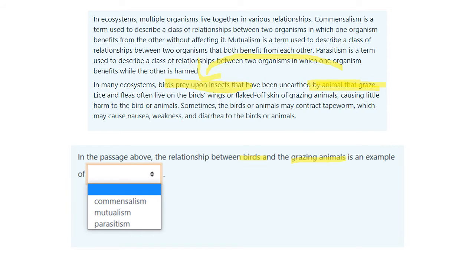But the bird is doing nothing for the animals that graze. So the bird is getting a benefit. The grazing animal is getting nothing. It's not a negative, it's getting nothing. So when one organism benefits and the other is not affected, the answer is commensalism. So the correct answer for this question is commensalism.